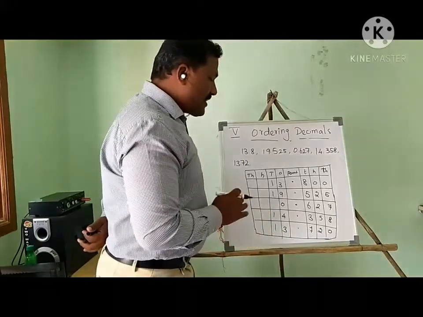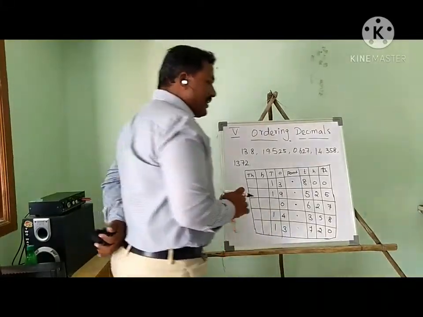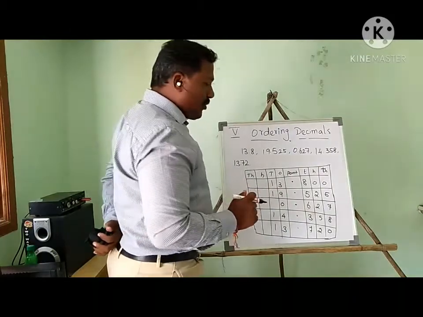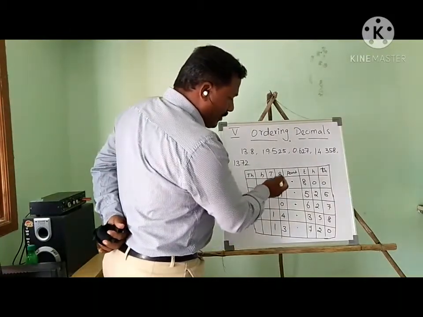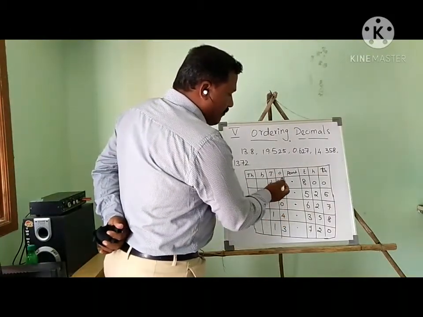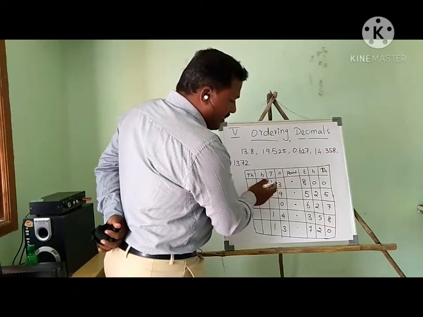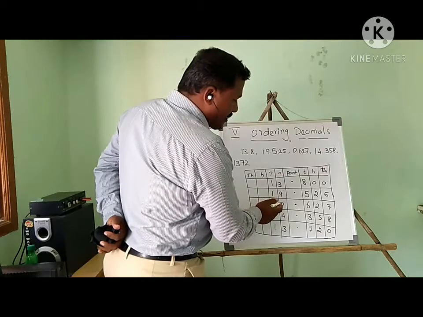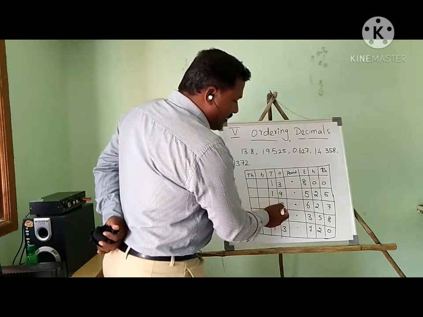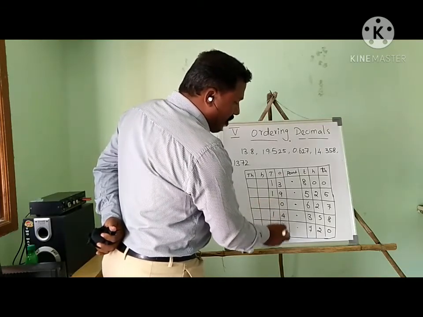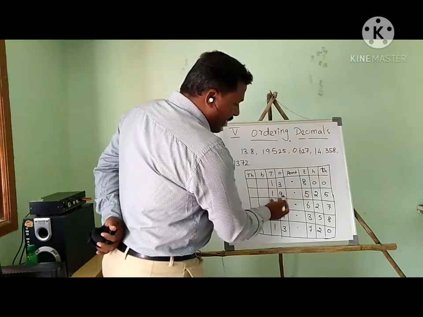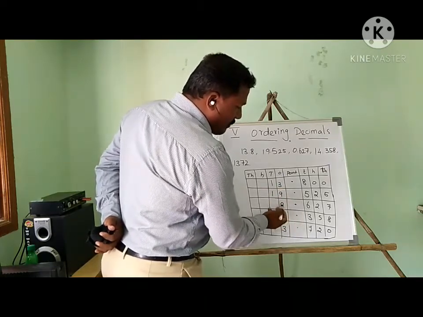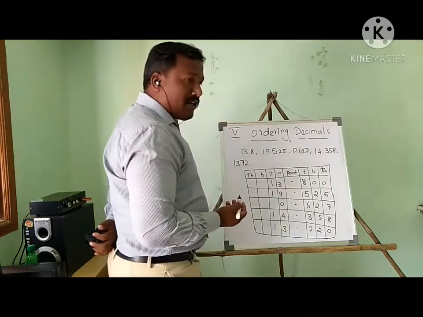Now, as per the decimals, I am going to arrange them in ascending order. You know which is the small number. If you look at this table, in the ones place we have 3, 9, 0, 4, 3. Here 0 is there, so this is the very small number compared to all the others.